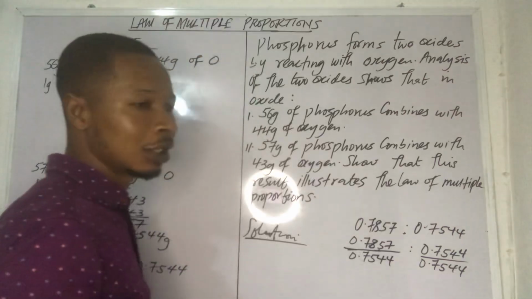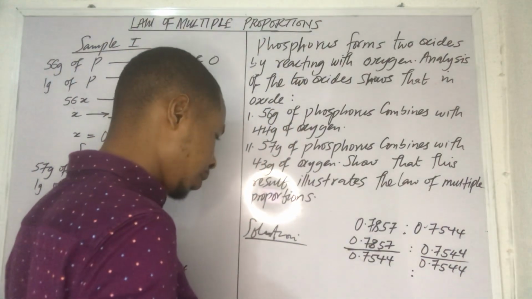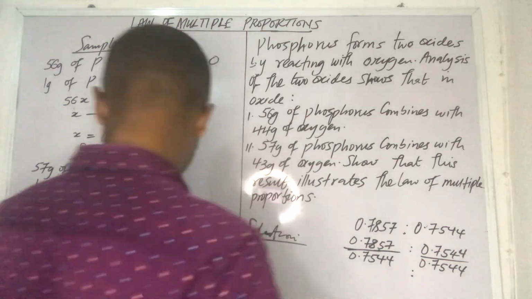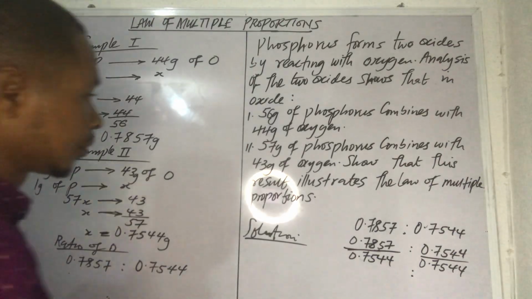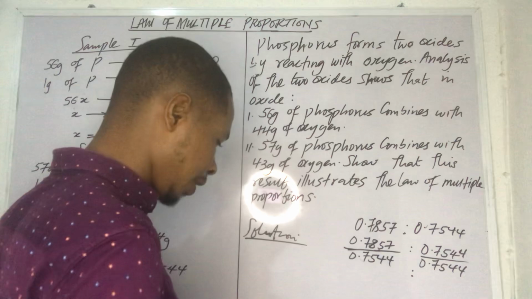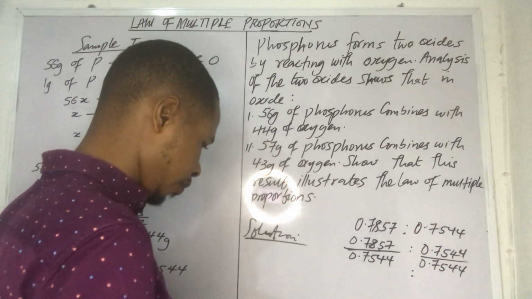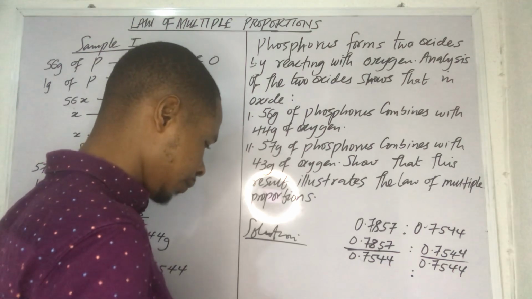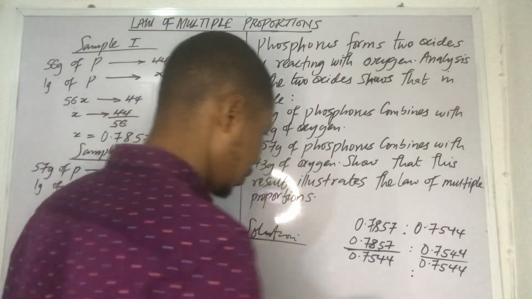I am dividing by the smaller value. This will give me 0.7857 divided by 0.7544, which is about 1.